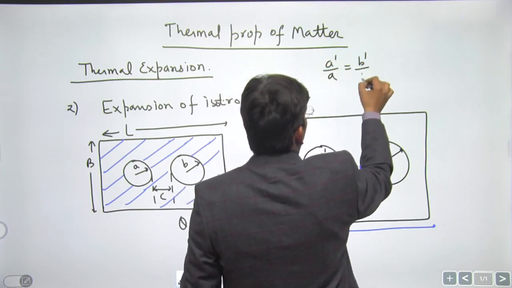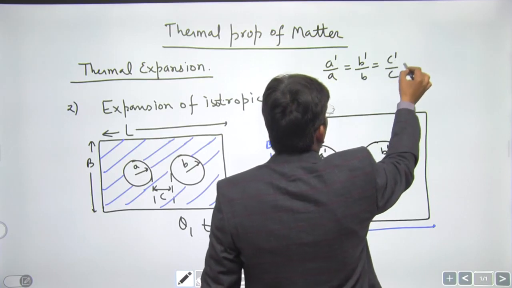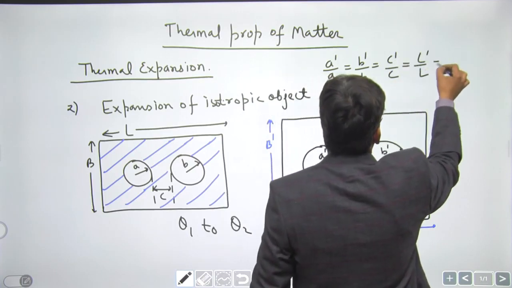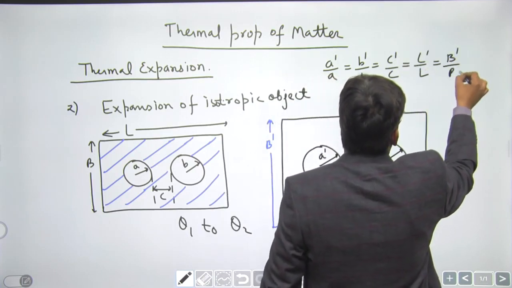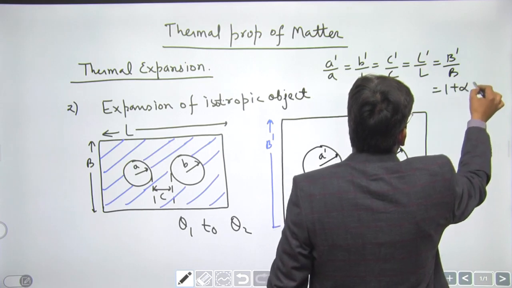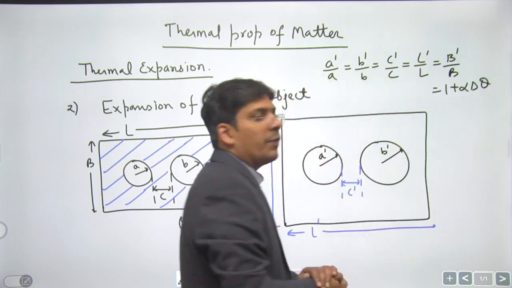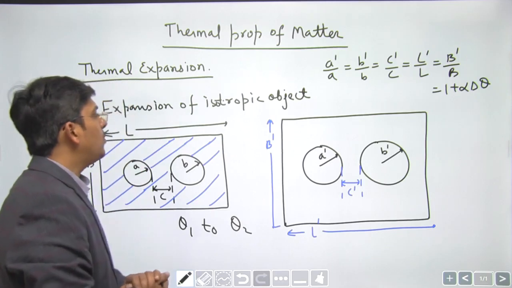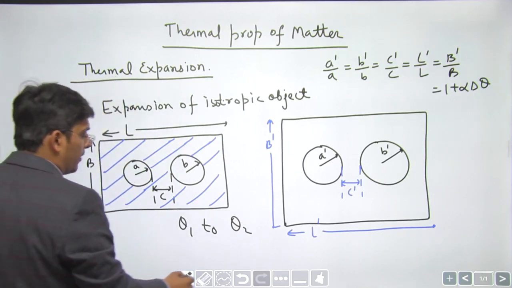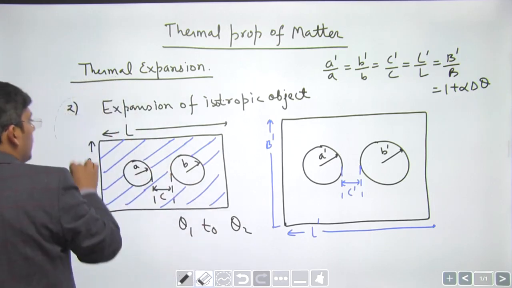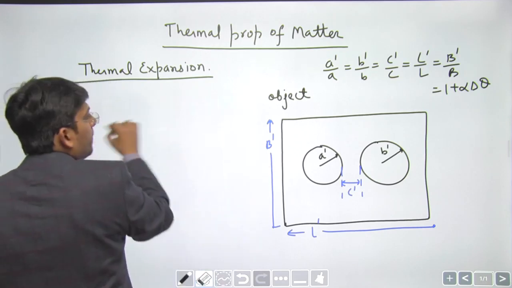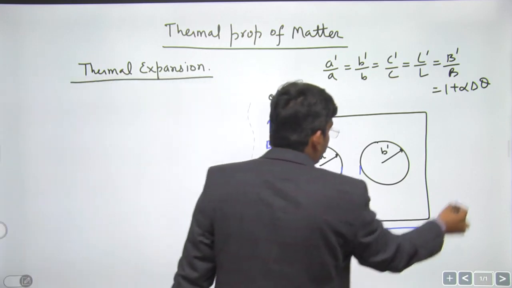Be it B dash by B, or C dash by C, or L dash by L, you are going to get 1 plus alpha delta theta, alpha being the coefficient of linear expansion. Okay, dear students? So this was expansion of an isotropic object. This was one of the questions based on thermal expansion. Okay.